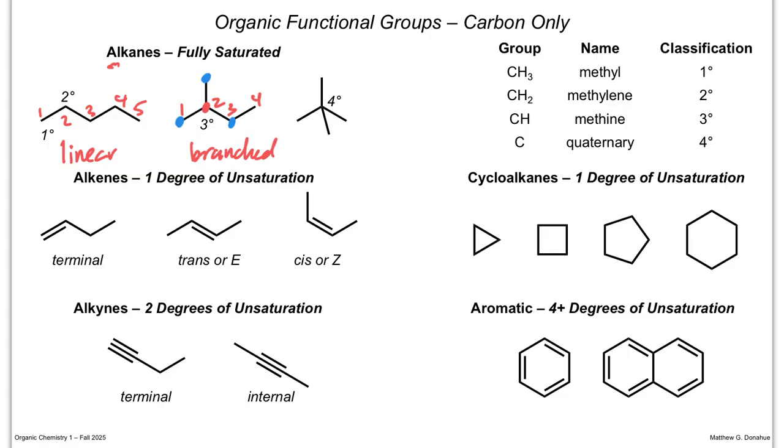And then the last example of a branched, so carbon 2 has 1, 2, 3, 4, so that's called quaternary. So there's no attached hydrogens.